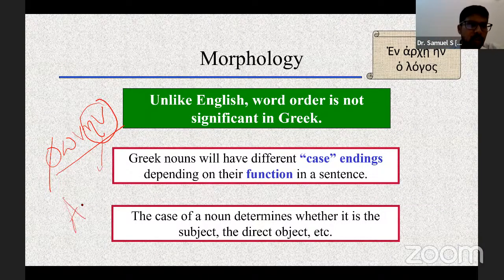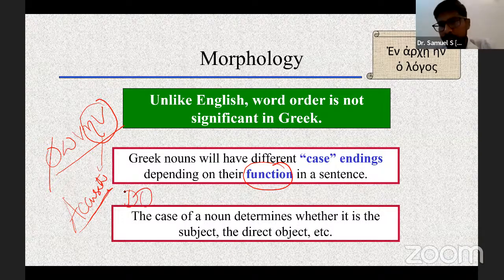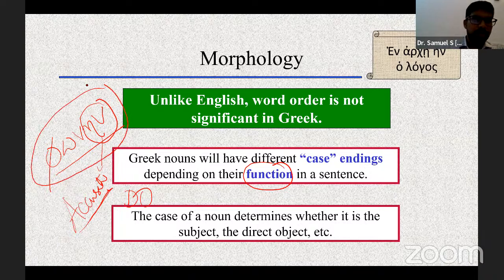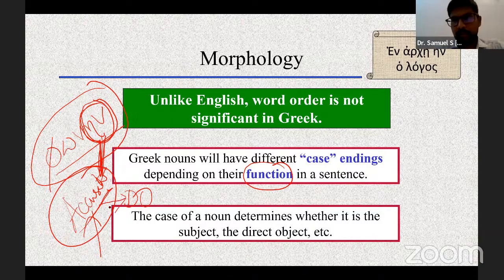This is an accusative ending. And immediately you know, because it is accusative, what function it is doing in the sentence: it is the direct object. That will be the process of translation. Look at the noun, look at the ending of the noun, remember from memory what kind of case it is, and recollect the case and translate it appropriately. That's the process.